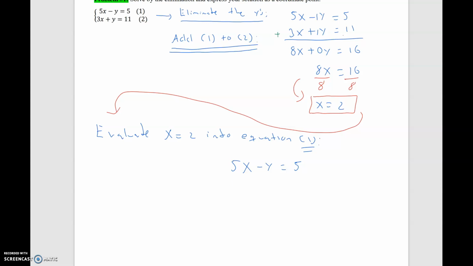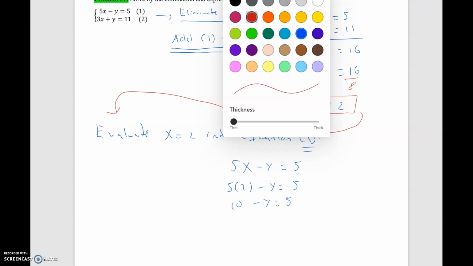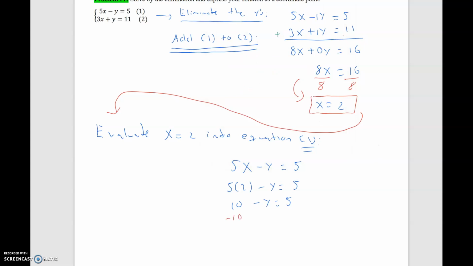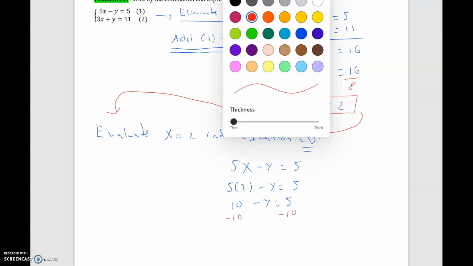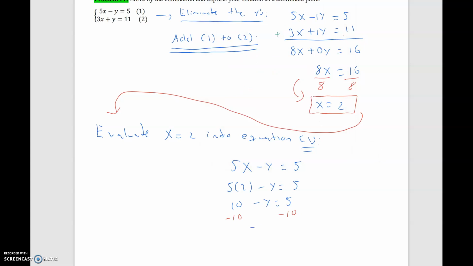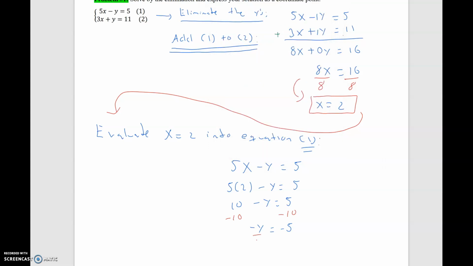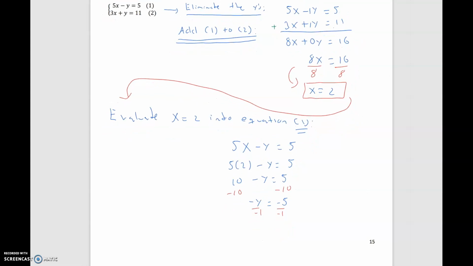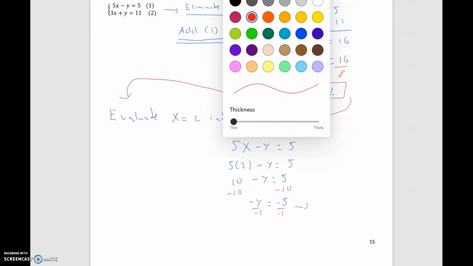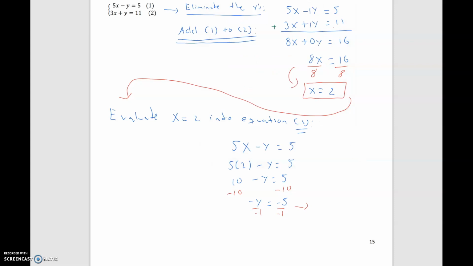And x is equal to 2. So 5 times 2 minus y is equal to 5. So this will be 10 minus y is equal to 5. At this point, subtract the 10s. So we're looking at negative y is equal to -5. And then technically divide by -1. So we're going to end up with y is equal to 5.